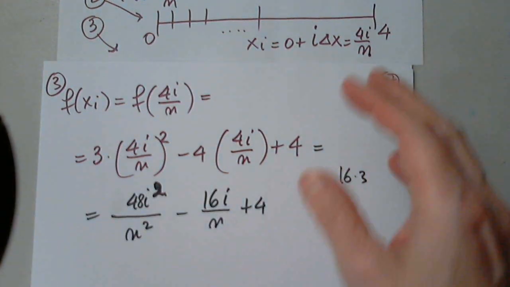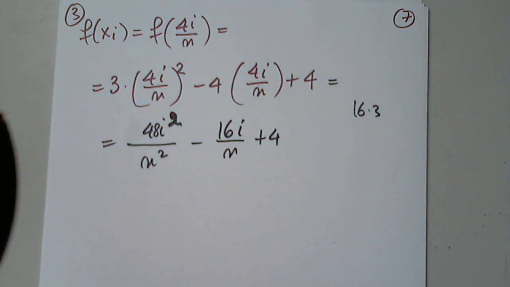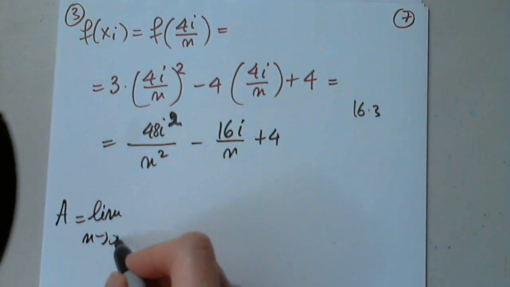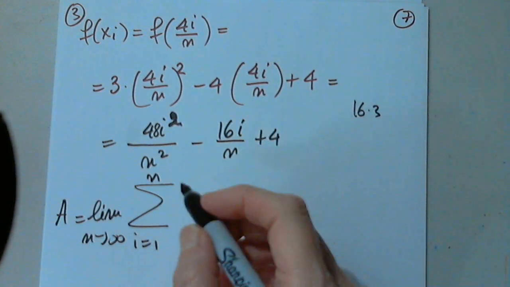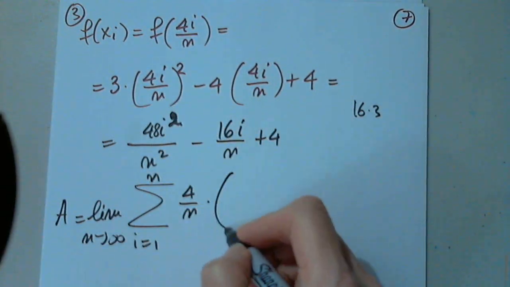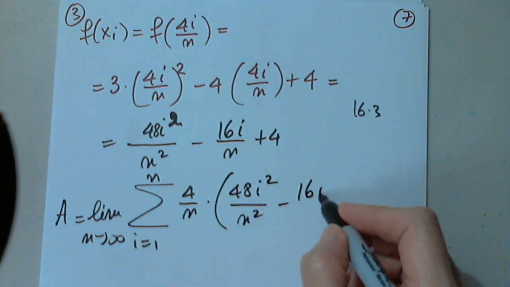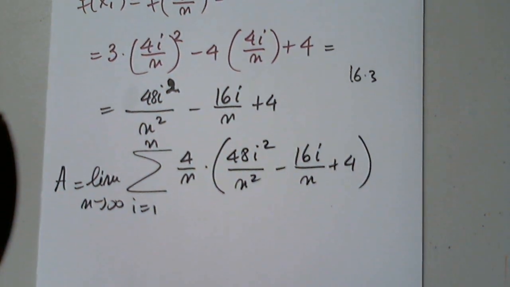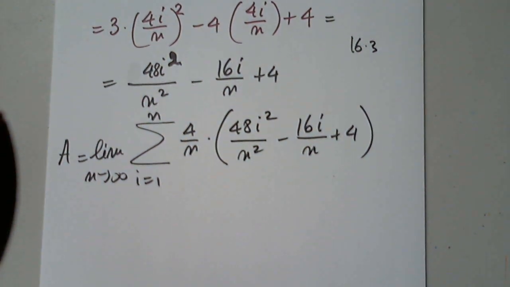Okay, now I can start the limit because I have all the preps I need. So the area equals the limit as n approaches infinity of the sum from i equals 1 through n of delta x, 4 over n, times this. Remember what we did. If you did not watch those videos, please do that.